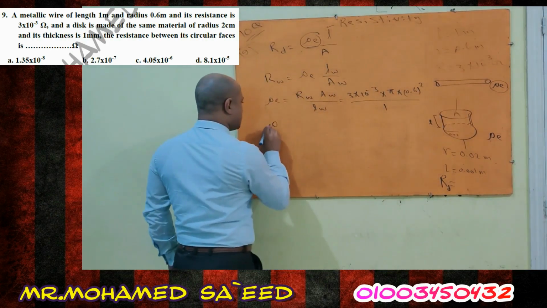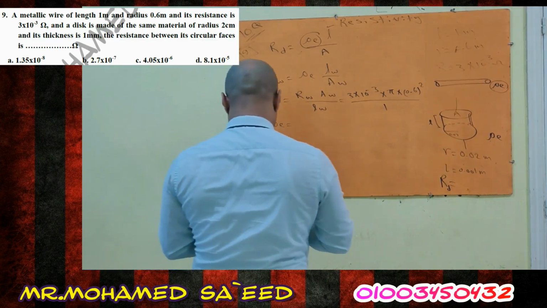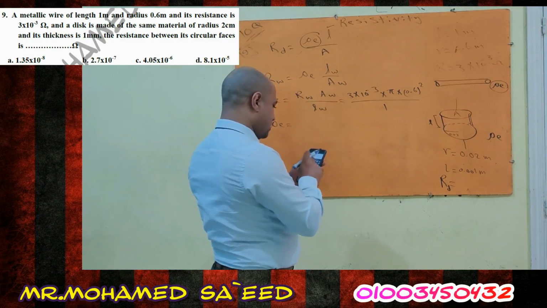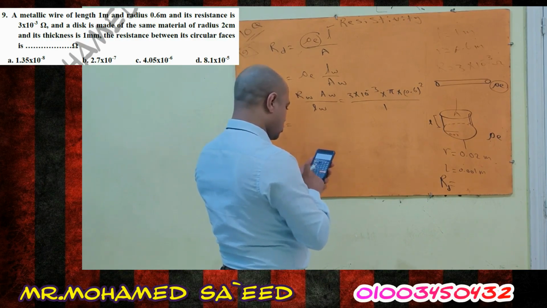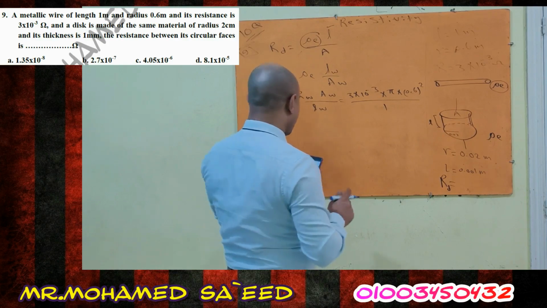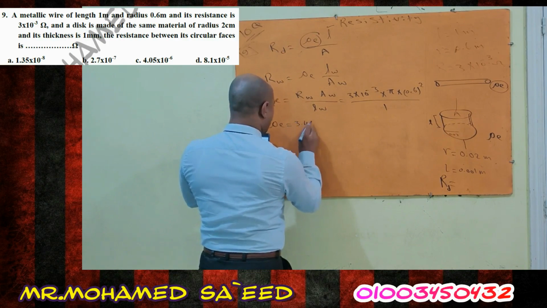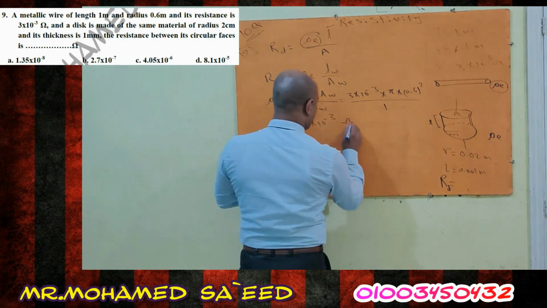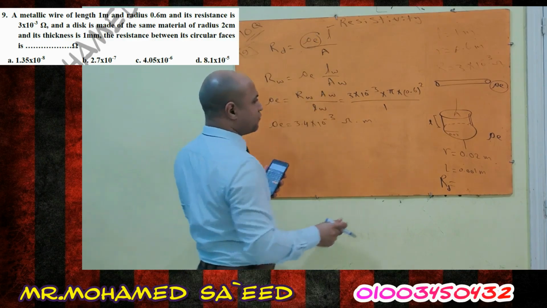So rho equals, using the calculator, 3 times 10 to the power negative 3 times pi times 0.6 squared equals 3.4 times 10 to the power negative 3 ohm meter. Now we have the resistivity of the disc.